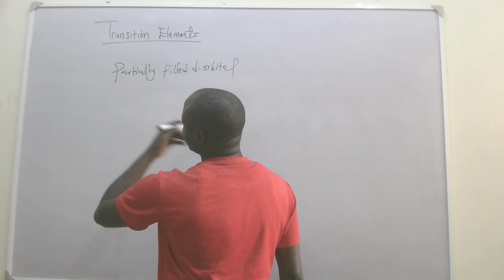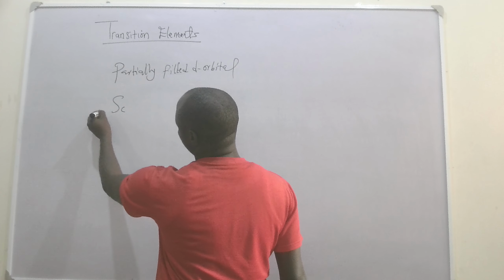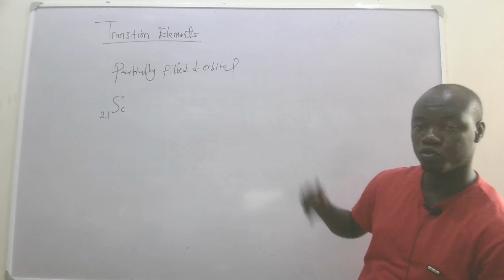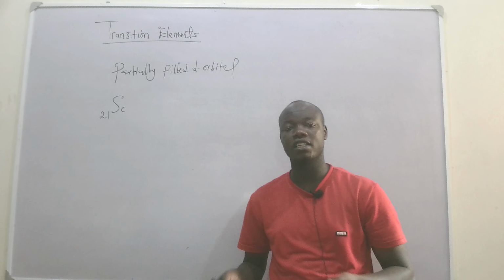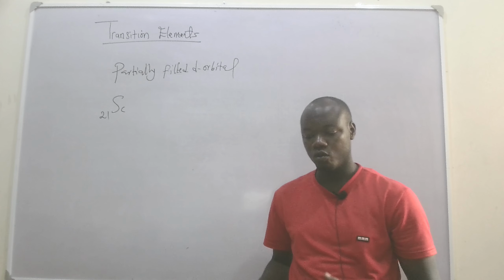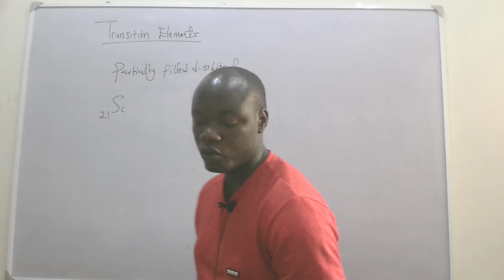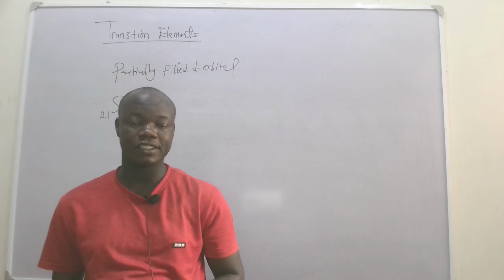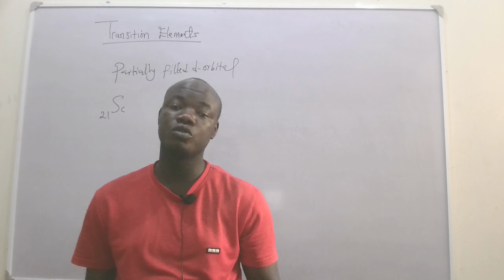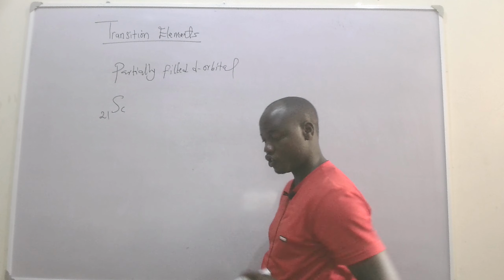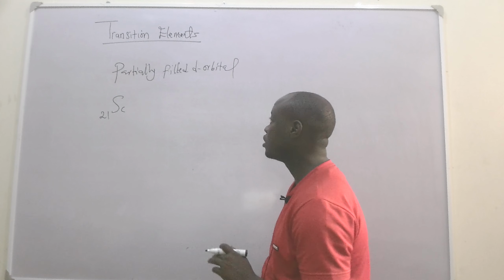Of course, scandium is one of the transition elements and it has an atomic number of 21. Although we have different series of transition elements, we have the first transition series, the second transition series, the third transition series, as well as the fourth transition series. But let me just give the definition from here.